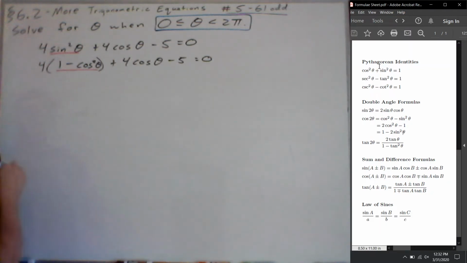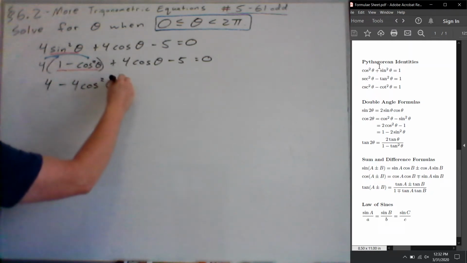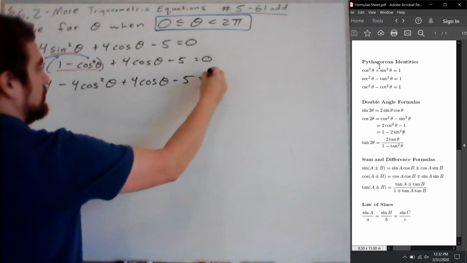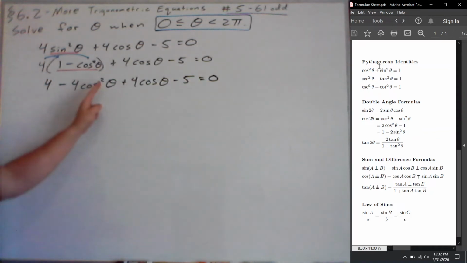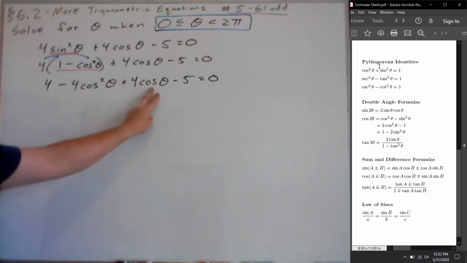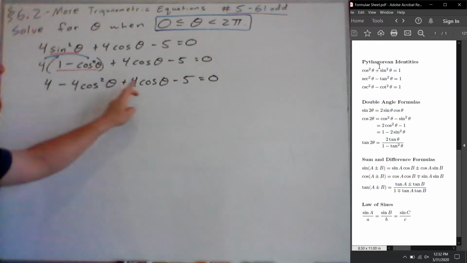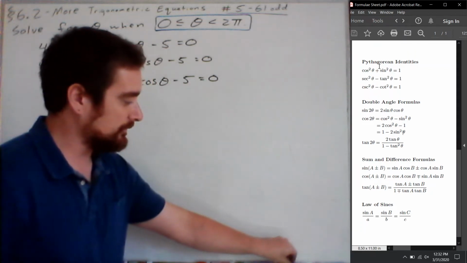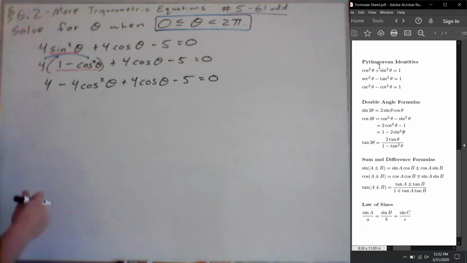Now I do have this multiple of 4 sitting out front, but I'm a lot better off now because 4 minus 4 cosine squared of theta plus 4 cosine theta minus 5 equals 0 does really have that quadratic feel to it, where I'm squaring the cosine function and then this just is the cosine function. And I'll pick up a new constant on the end. So it does still have that old feel that we had in the last couple problems.